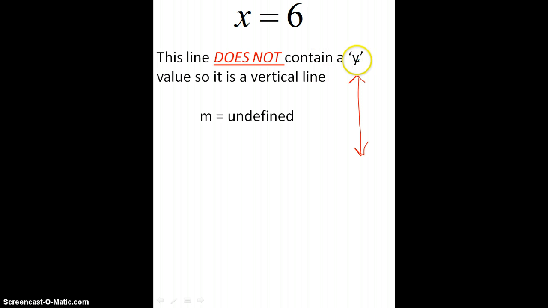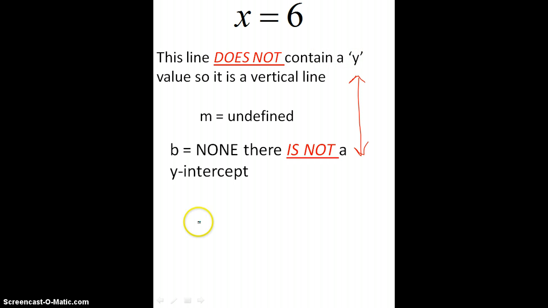And because it doesn't contain a y value, that means there is no y-intercept. There is not going to be a y-intercept for a vertical line. And then the x-intercept is going to be 6, 0. Because if I was to graph this, it would be x equals 6, and then y would be 0. Okay?